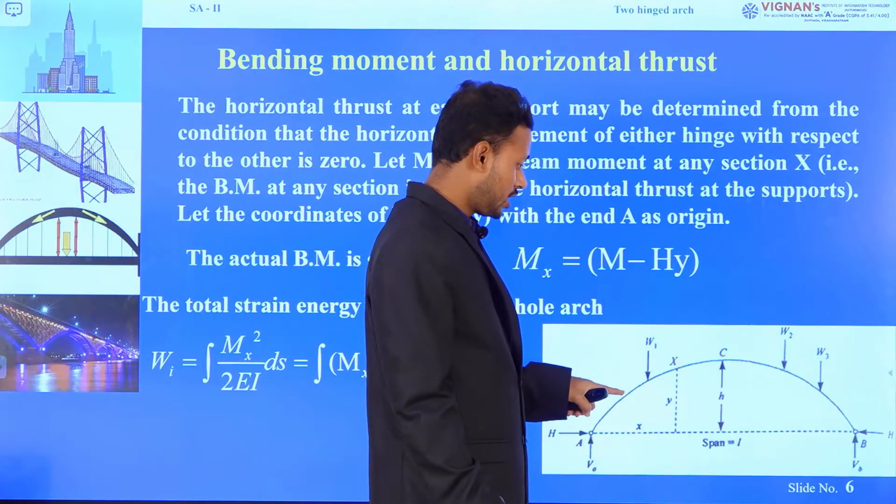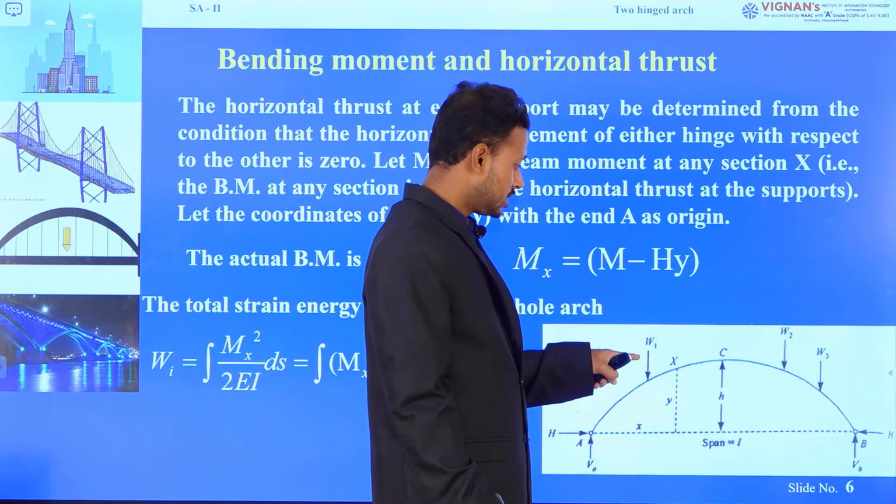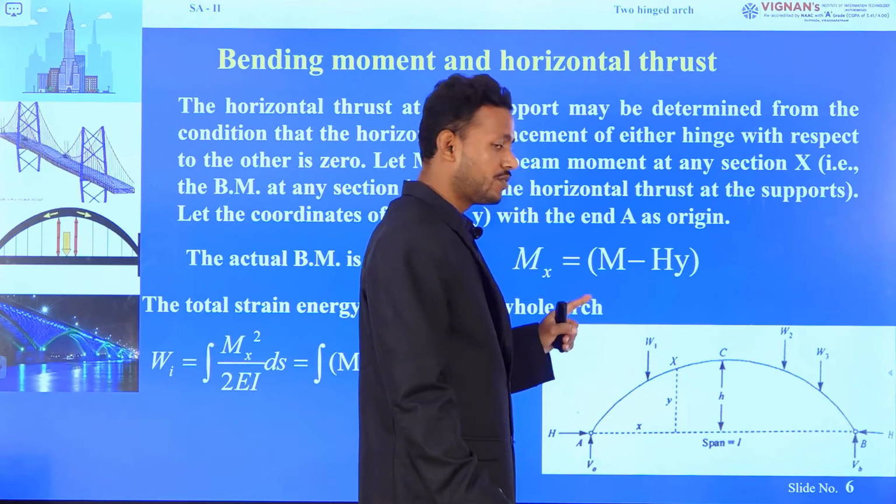This is an arch structure. Let us assume that it is subjected to W1, W2, W3 point loads at different locations.